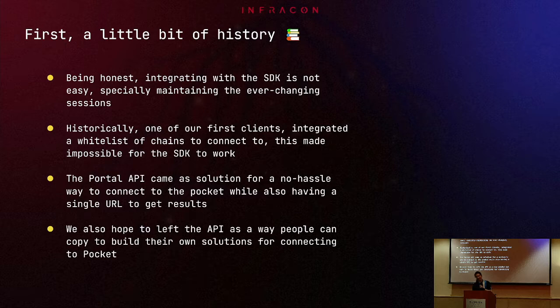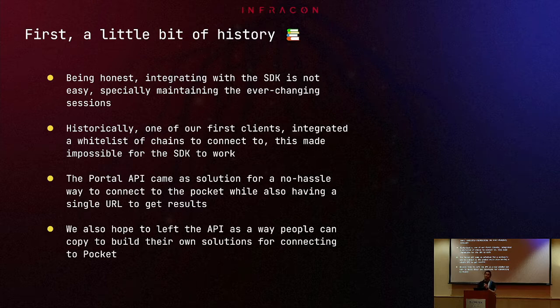Hence, the gateway came as a solution to both problems, as a hassle-free way of connecting to the blockchain for whoever wanted to, without ever needing to maintain the Pocket application's AAT or the session nodes, with results coming from a single domain. So those problems were solved, and we were able to move forward. But that came with a cost. In the end, the API is a centralized piece of our decentralized infrastructure, and we always try to favor decentralized options.